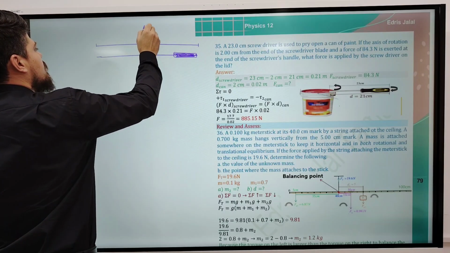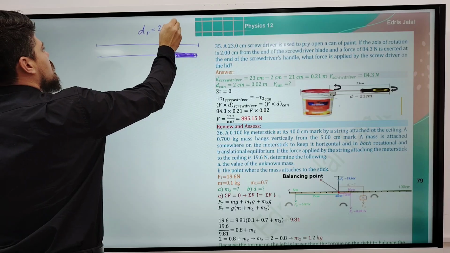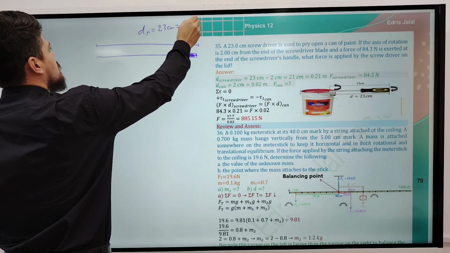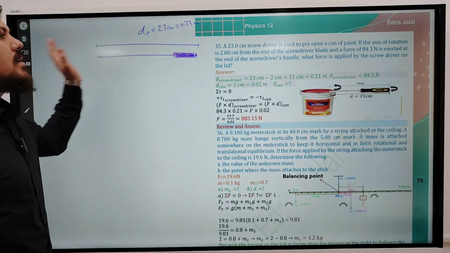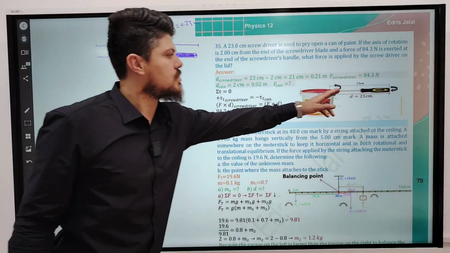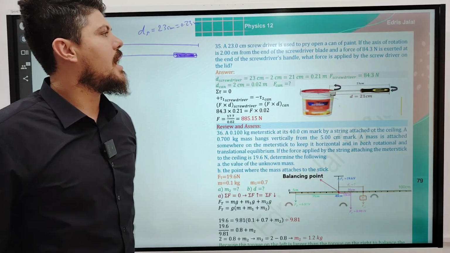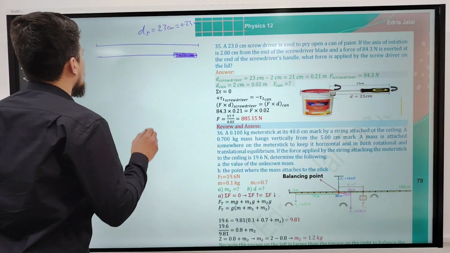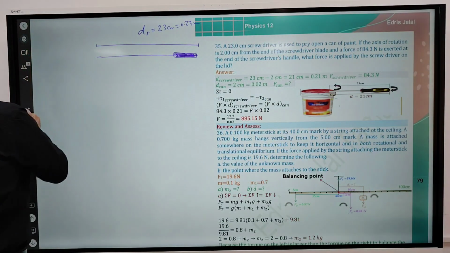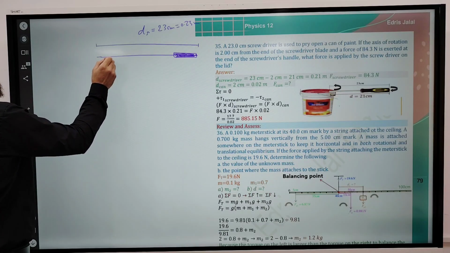The length of the screwdriver is 23 centimeters, which is equal to 0.23 meter. It is used to pry open a can of paint.